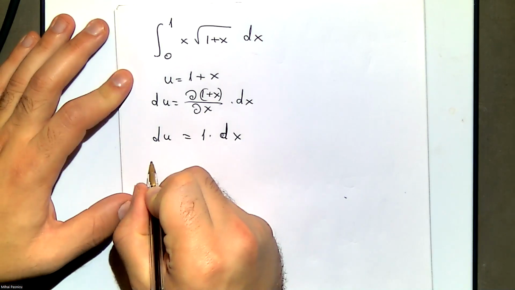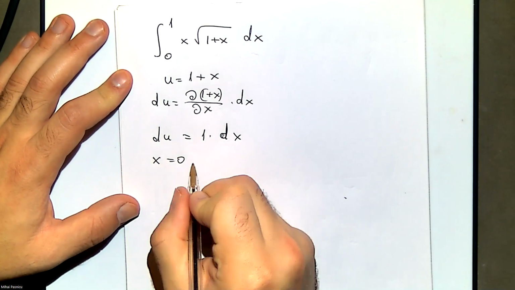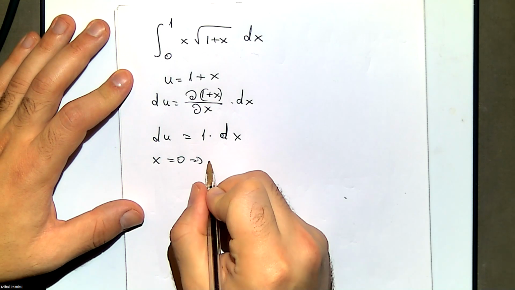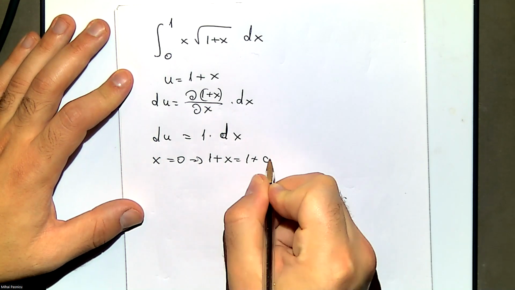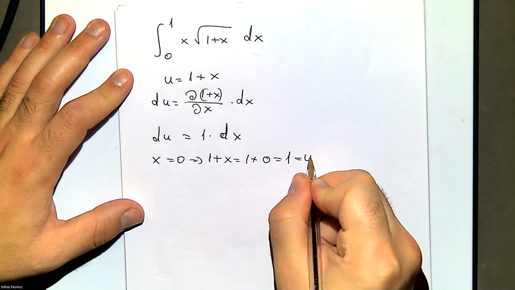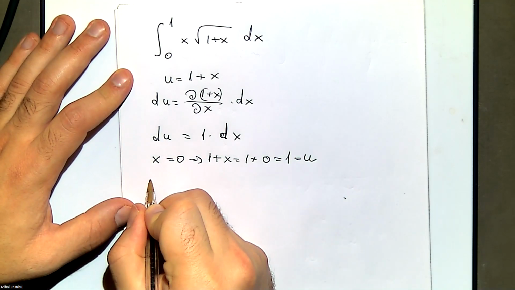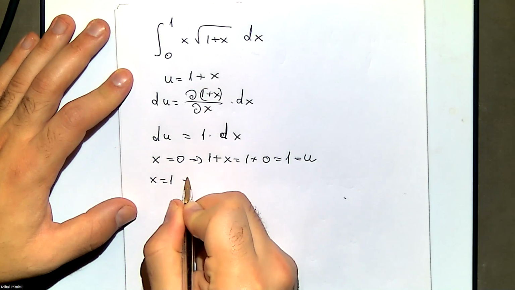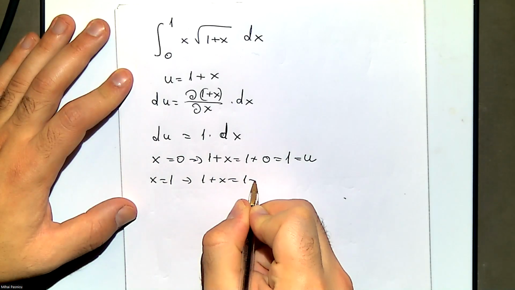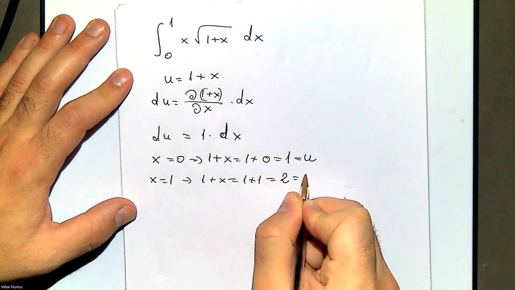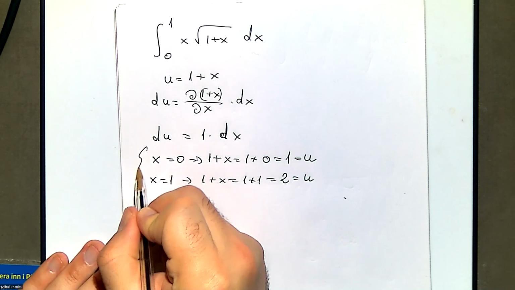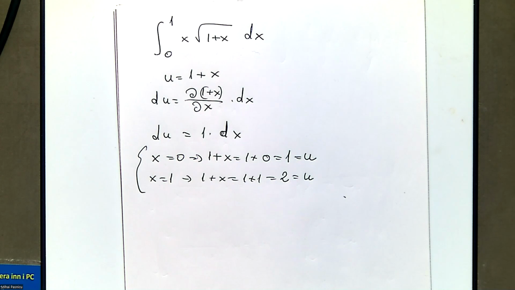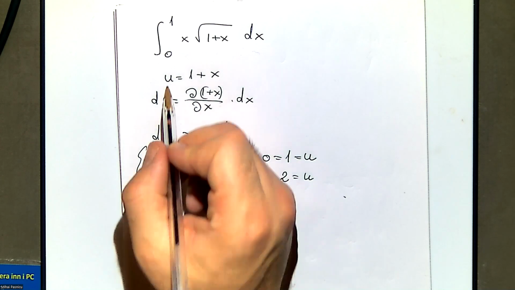So if x is equal to 0, then I know that 1 plus x is equal to 1 plus 0, which is just 1. So this is u. And the upper limit, when x is 1, 1 plus x is equal to 1 plus 1, which is equal to 2, which is equal to u. So again, this is the only thing that comes up new when you're dealing with definite integrals, is that you have to change the limits of integration.